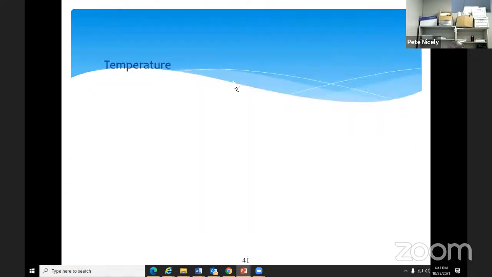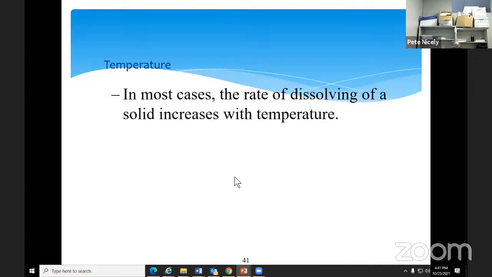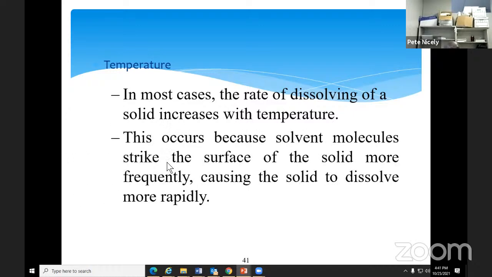Okay, temperature. We talked about temperature affecting the rate of dissolution for solids. And as stated here, the rate of dissolving a solid increases with temperature in most cases. Now, this occurs because of what happens at the microscopic level.